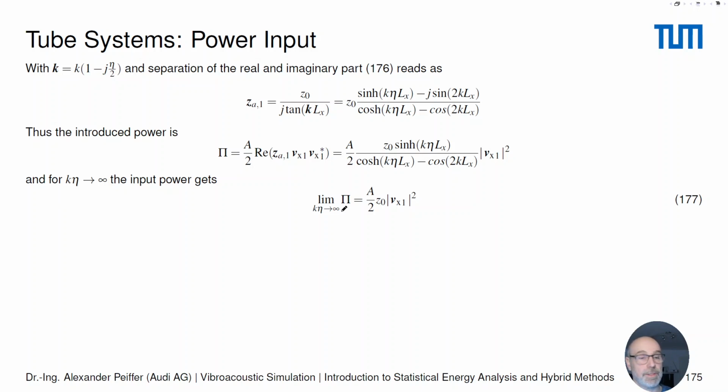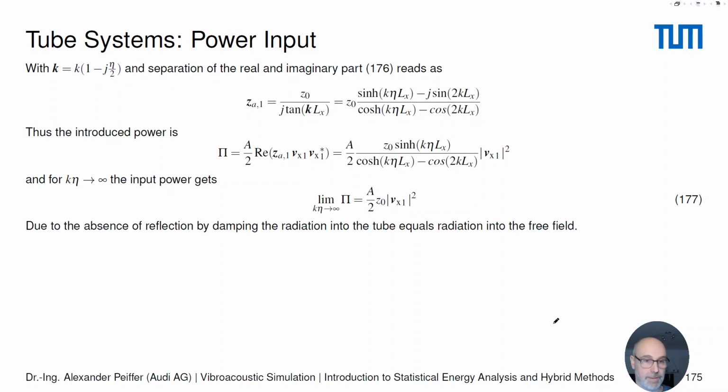And for upper limits, the result is like this. So from the asymptotic treatment, we have now proven that our tube, even if there is a rigid end, behaves as if the power were introduced into an infinite tube without any reflection. Again, proving this semi-infinite system replacement that is valid in SEA subsystems.